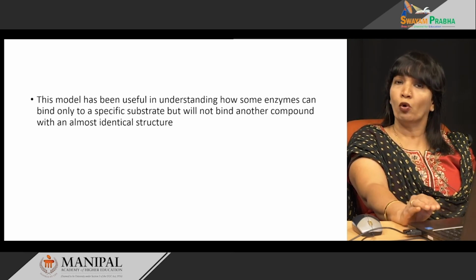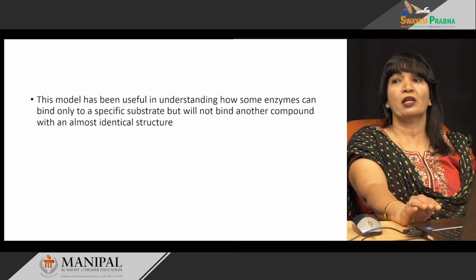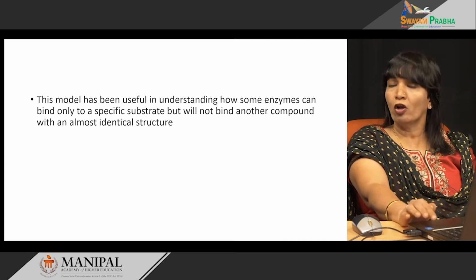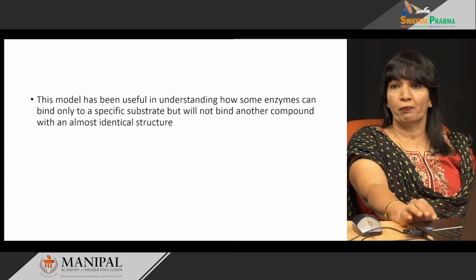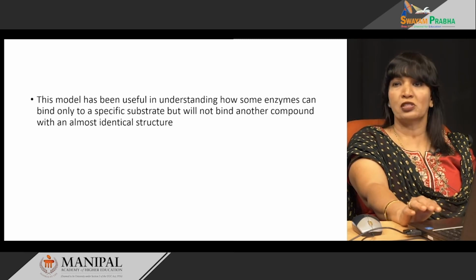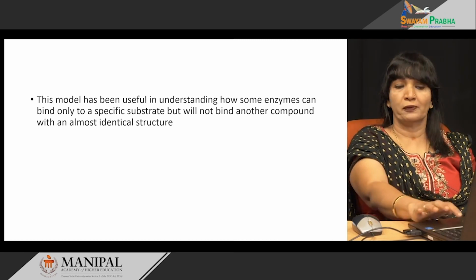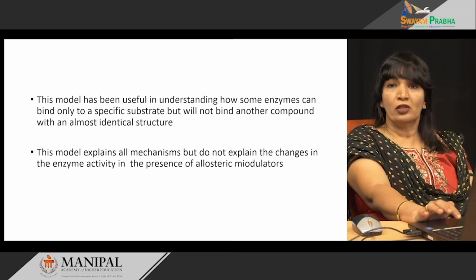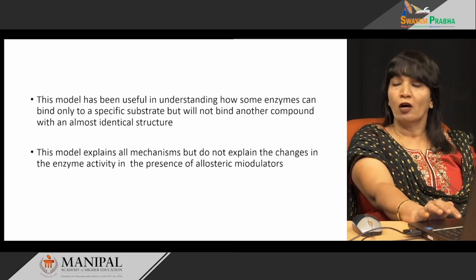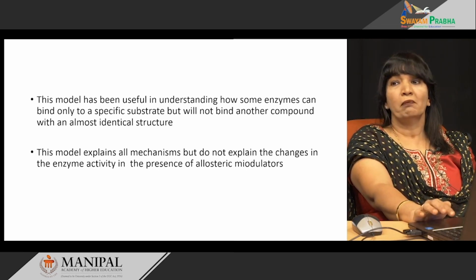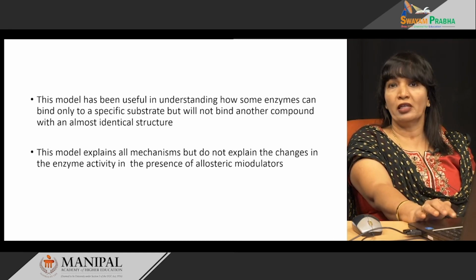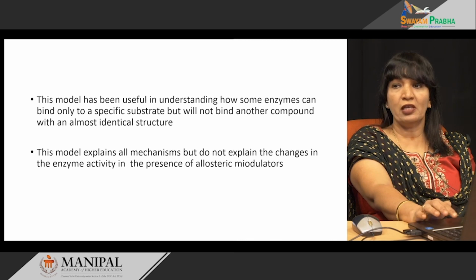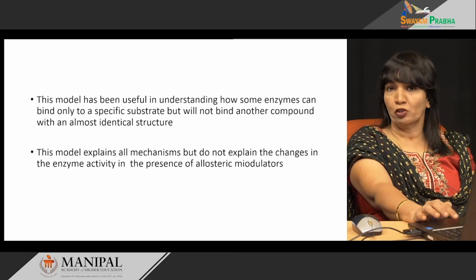It binds only to a particular substrate and cannot bind to any other compound with an almost identical structure. So, this model explains many mechanisms, but does not explain the changes that occur in enzyme activity in the presence of allosteric modulators.